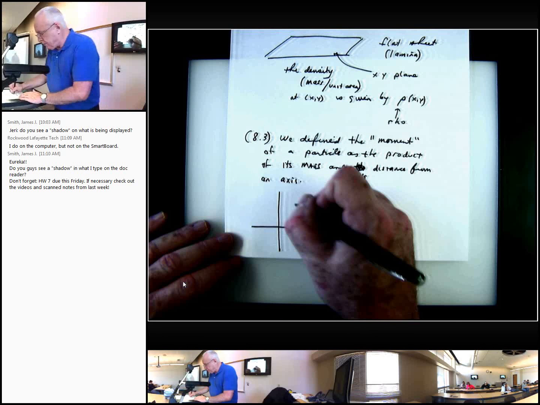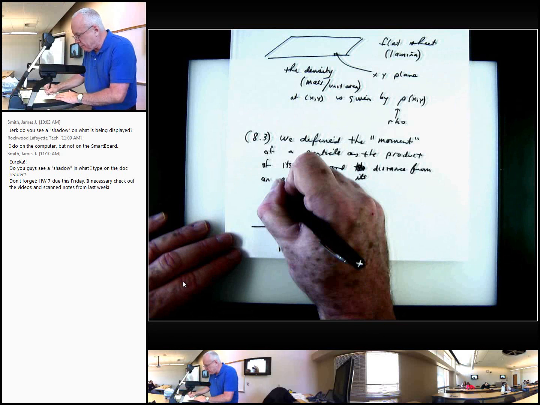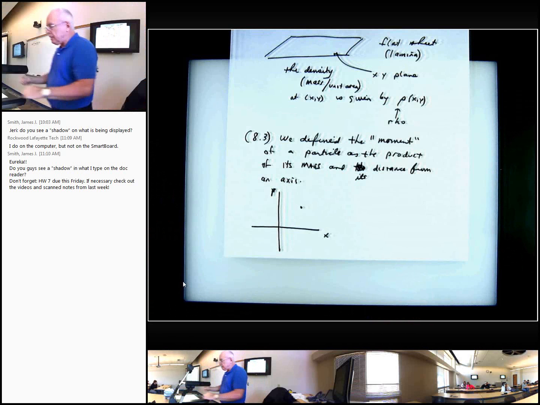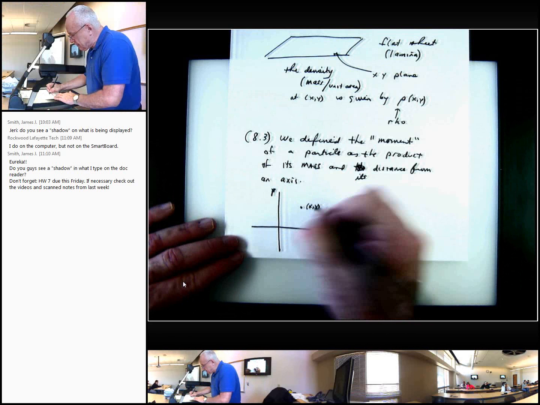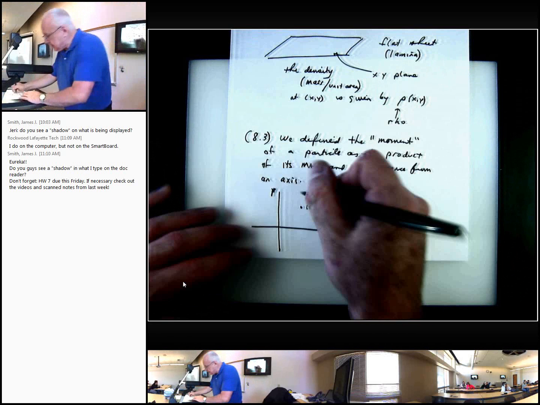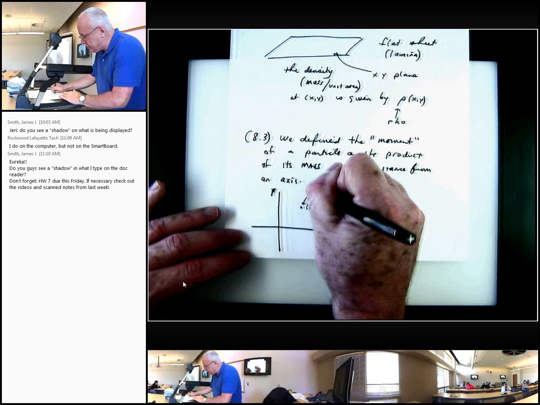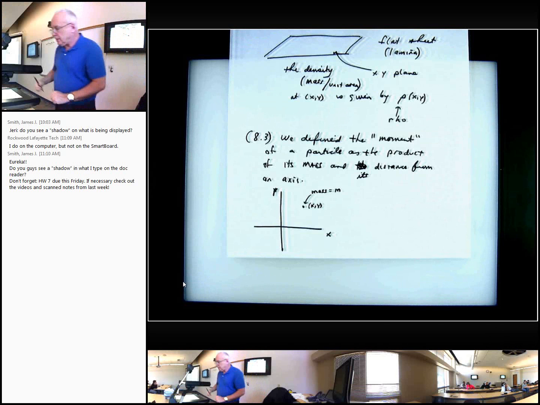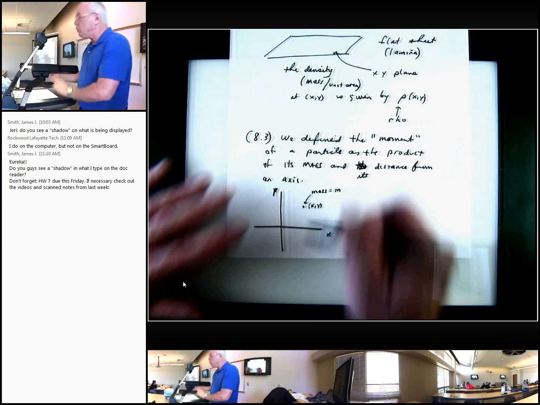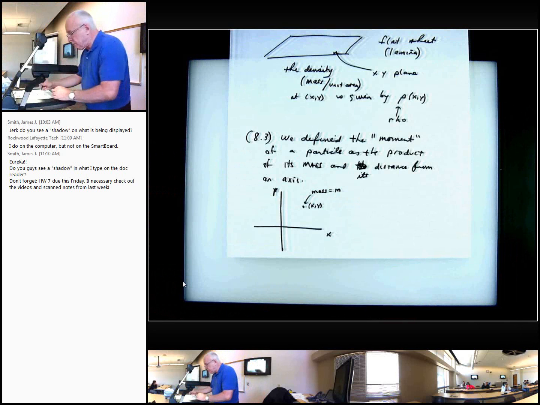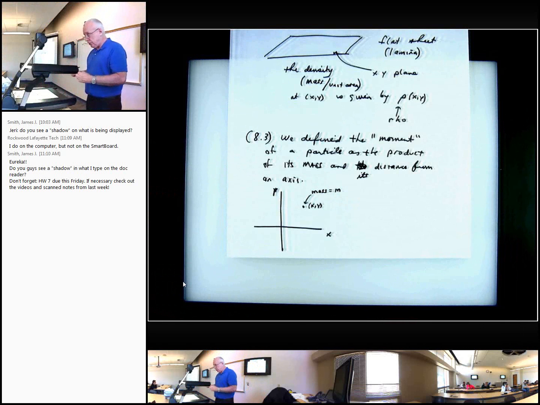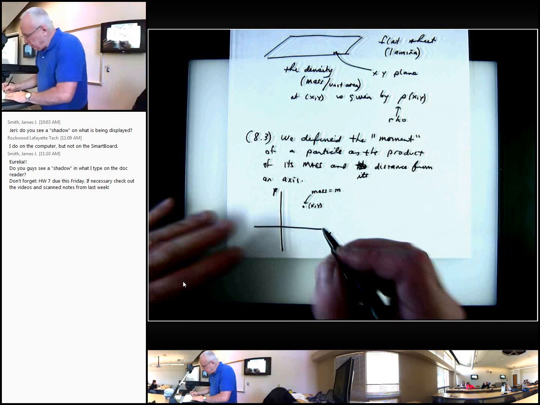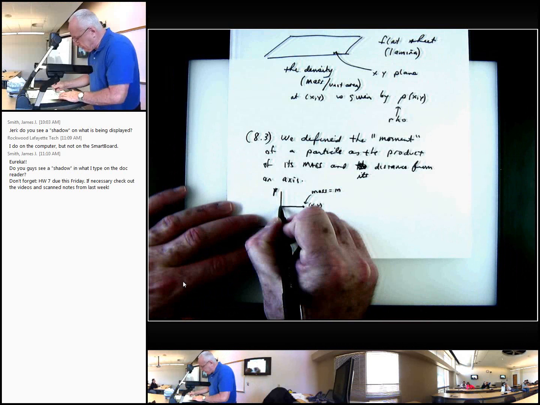What we had looked at briefly last semester is here's the xy plane. We look at a particle located on the xy plane. Let's say its coordinates are x and y, and this little particle has a mass equal to some number m. Now, we have two distances here: the distance of this particle to the x-axis, and the distance to the y-axis.